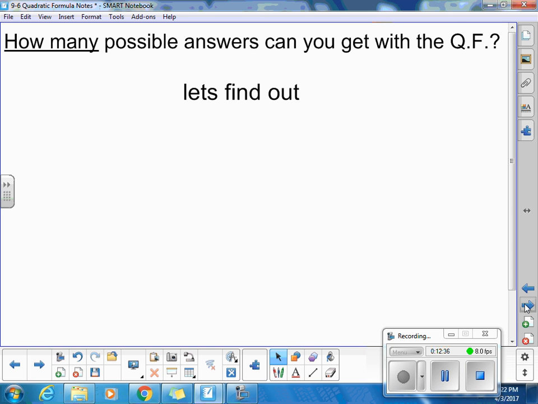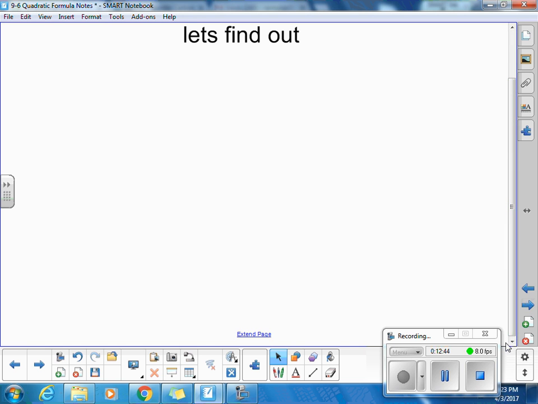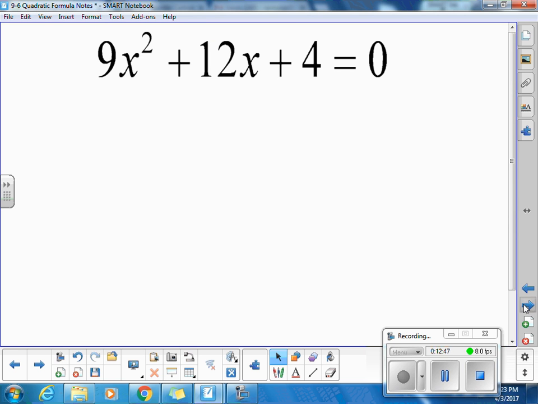Okay, how many possible answers do you think we can get using the quadratic formula? So let's try a couple problems and find out. All right, we have 9x squared plus 12x plus 4. Actually, go back to that one and guess. How many do you think we can get using the quadratic formula? And then we're going to try a few. So if we look at this one, again, everything's on the right side.